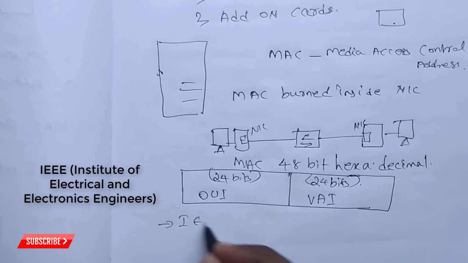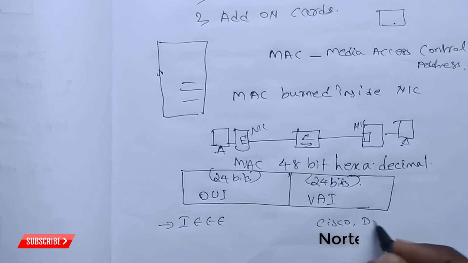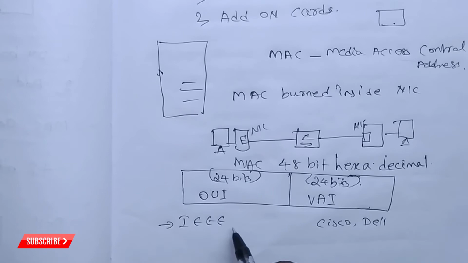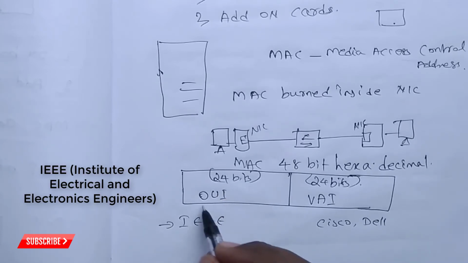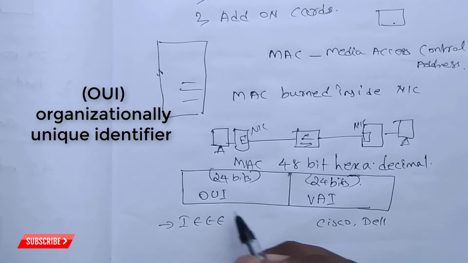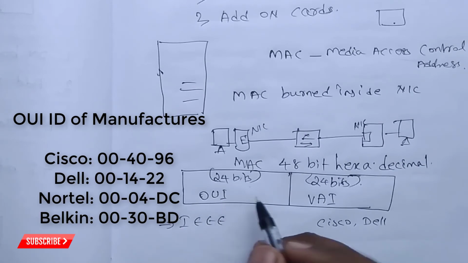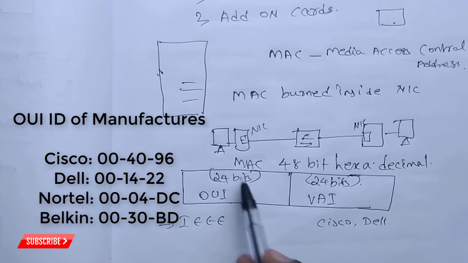The topmost NIC manufacturing companies are Cisco, Dell, etc. The IEEE provides the OUI ID to the companies to identify who is manufacturing that NIC. By looking at the OUI ID, we can easily identify the manufacturer of that NIC.